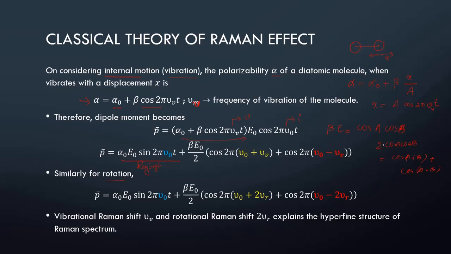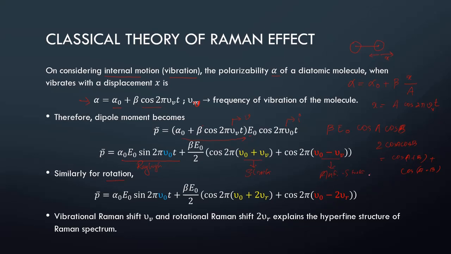Here we do not have the 2, so we just divide by 2, and we get beta E0 divided by 2 into cosine of 2 pi into (nu 0 plus nu v) and (nu 0 minus nu v). Here the nu 0 plus nu v gives us the Stokes lines, and the nu 0 minus nu v part gives us the anti-Stokes lines.